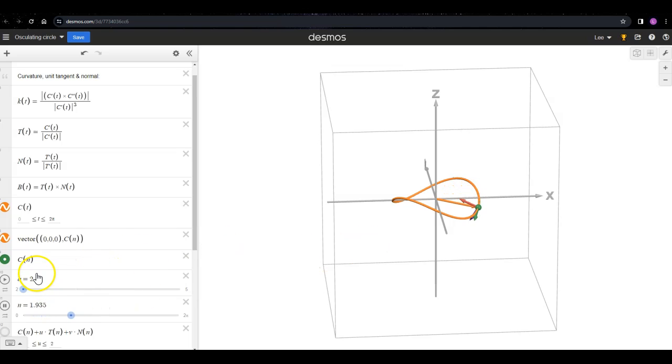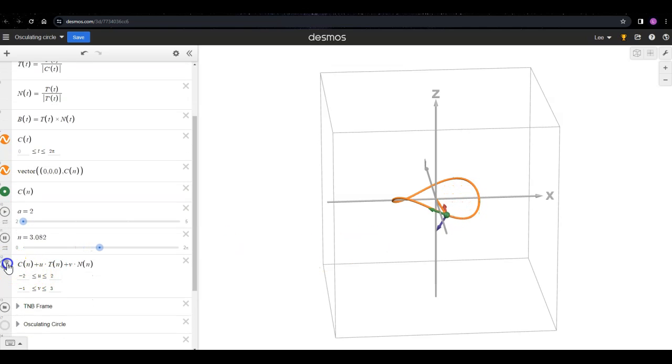If you want to see a couple other things, I'll go ahead and show it. So this is the osculating plane. Osculate basically means to kiss, that's the Latin, and the osculating plane is the plane that just touches the curve at that one spot. So it includes the tangent.